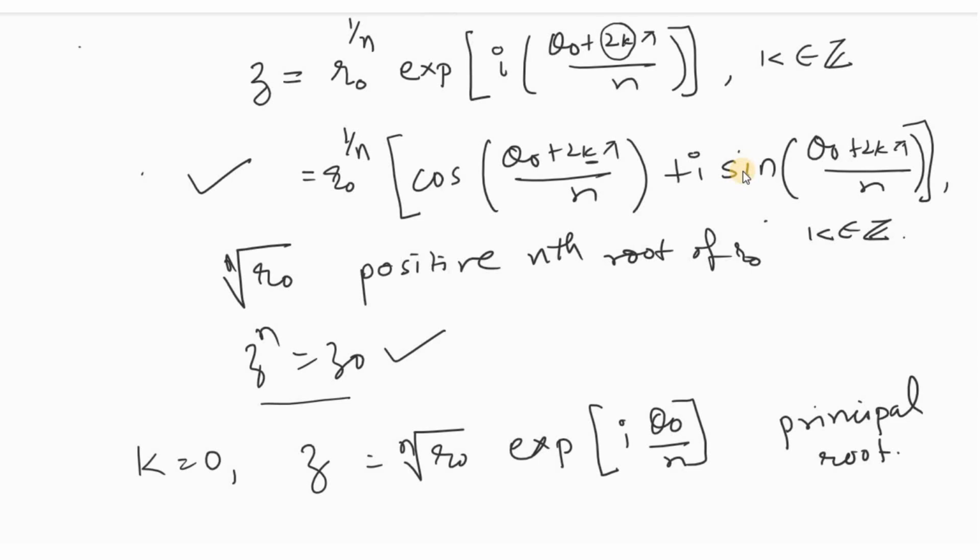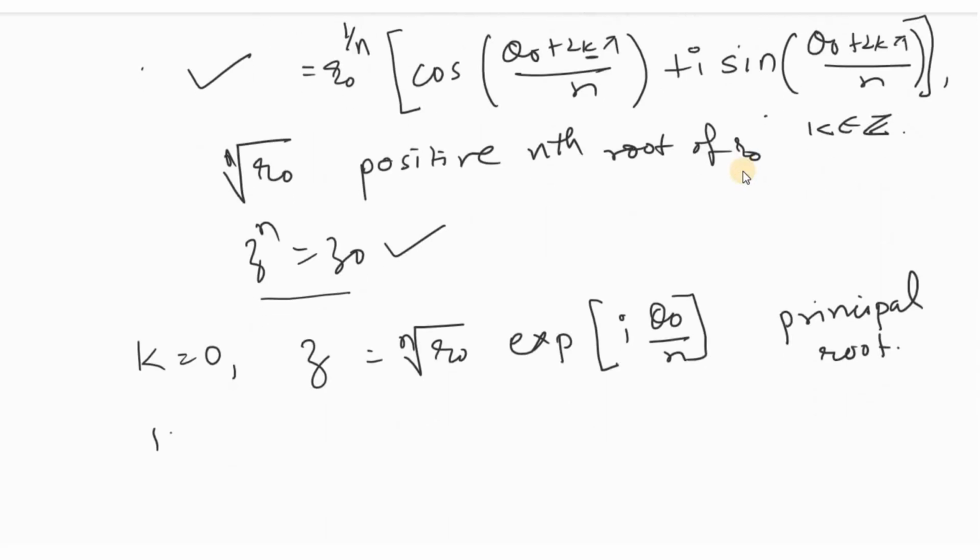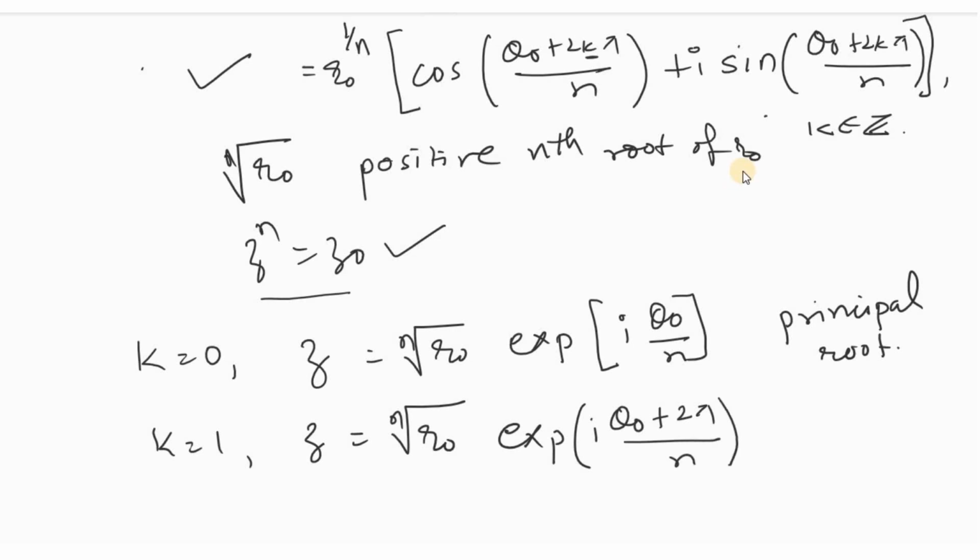Thus, the other roots are, for example, if I have k = 1, I can write z = nth root of r0 times exponential of i (theta0 + 2 pi)/n. So that I can rewrite as nth root of r0 exponential of i (theta0/n + 2 pi/n).